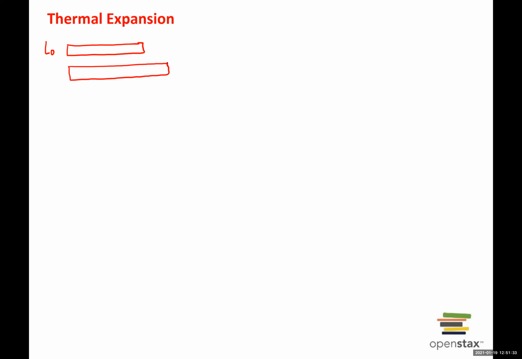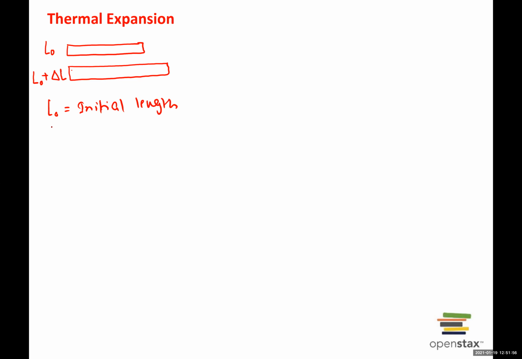So now this new length will be L naught plus the change in length. We have a small change in length, delta L. So L naught is the initial length.